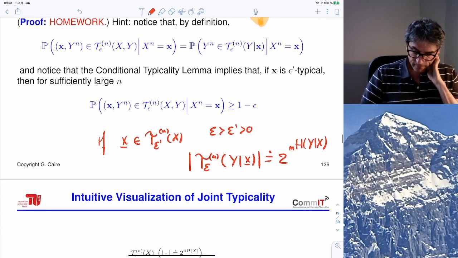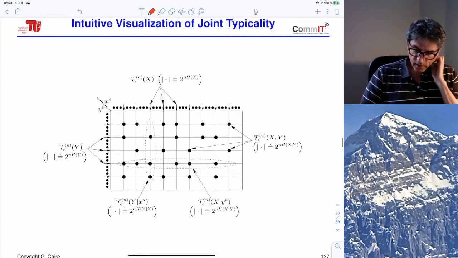Okay? So the intuitive visualization of this is the following.